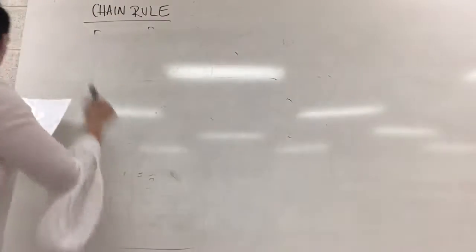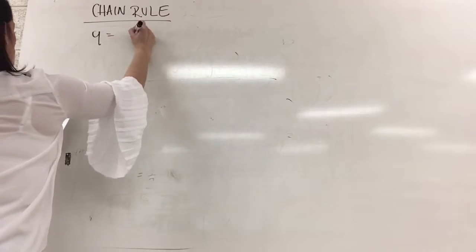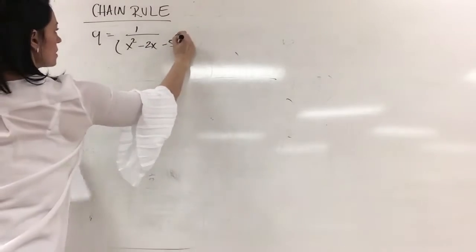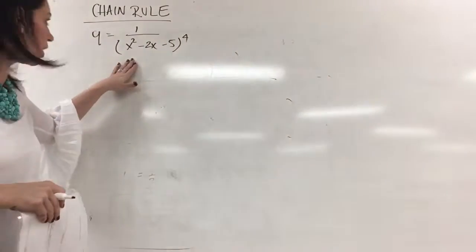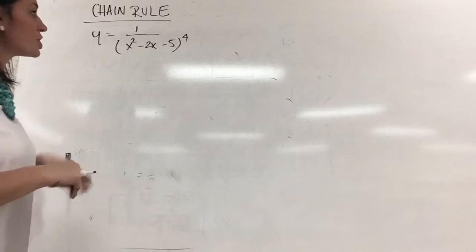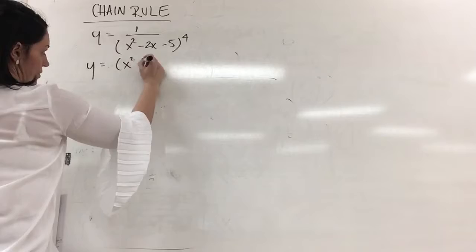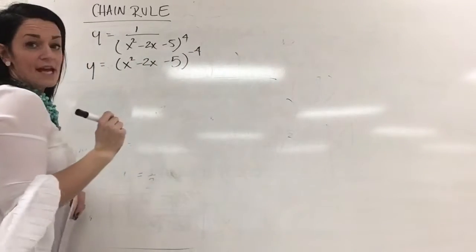When we're doing chain rule, this is another time that you can use chain rule. So this is an example of something that you could use quotient rule for, okay? But you could also use chain rule and make it a little bit simpler by actually simplifying it first and writing this like all to the power of negative 4.